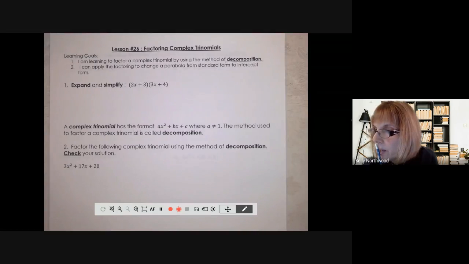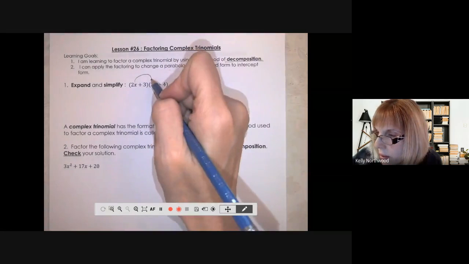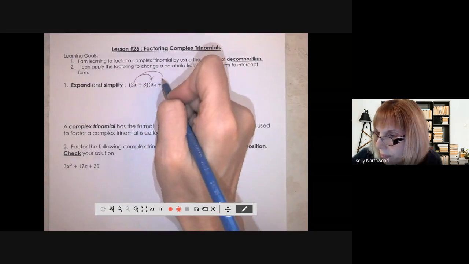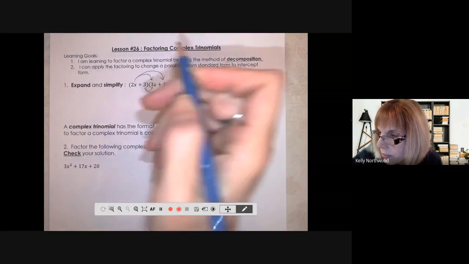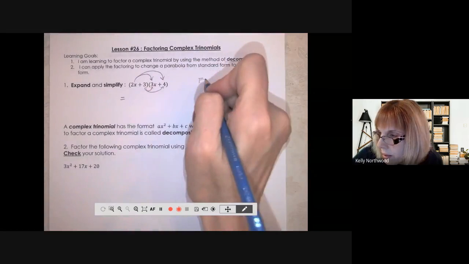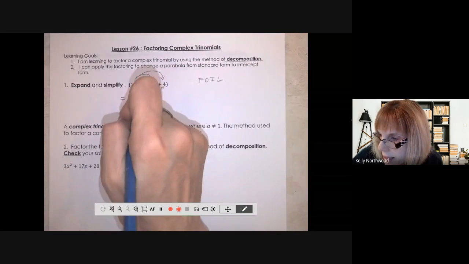I can apply the factoring to change a parabola from standard form to vertex, or to intercept form, sorry. So expand and simplify. If we were going to expand this, we would use FOIL. If we multiply our firsts together, we would get 6x squared.